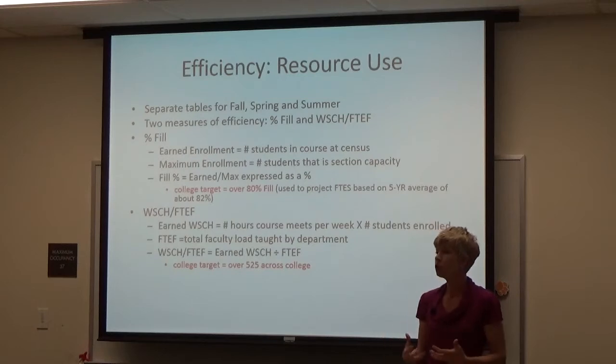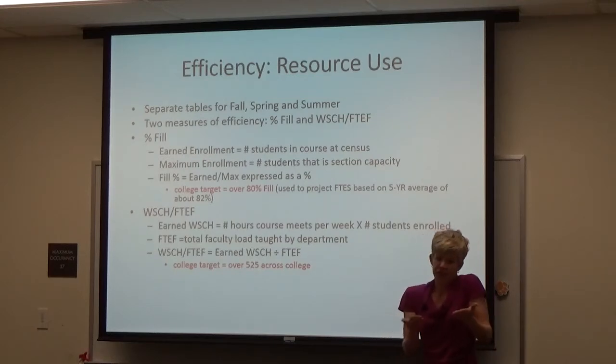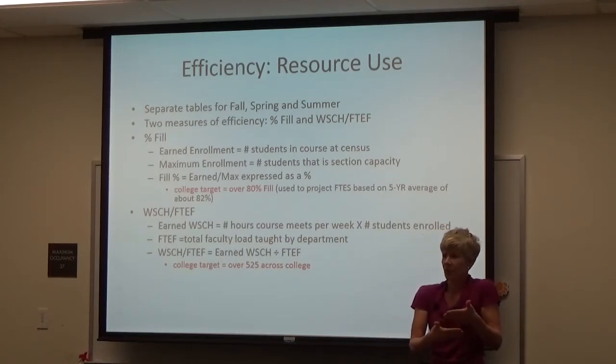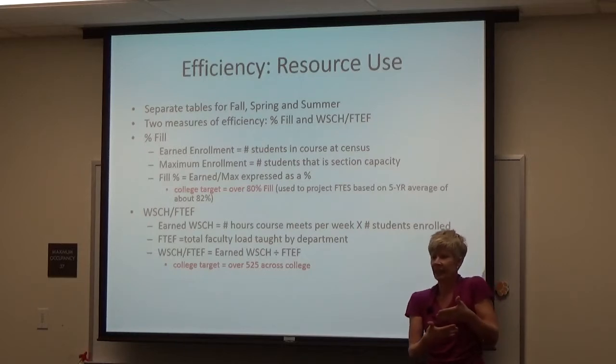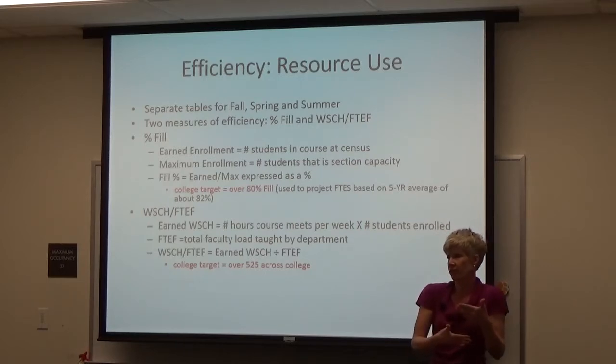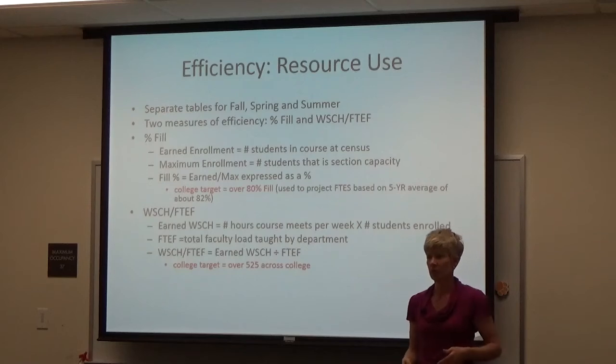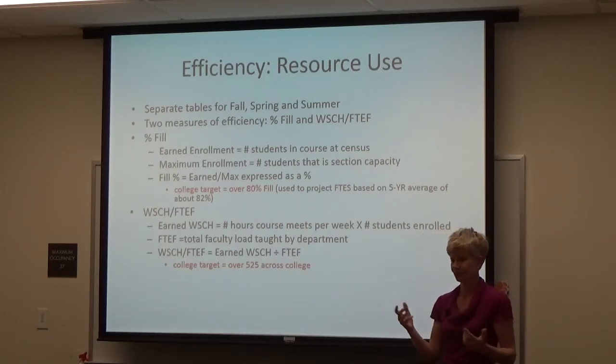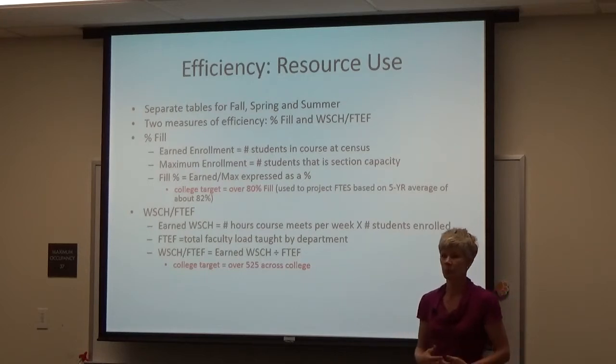So usually there's a fairly fixed proportion of FTEF and wish for standard type courses, and that's defined by our regulations. So load does not impact wish, but it does impact FTEF.